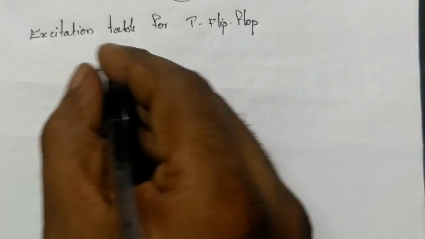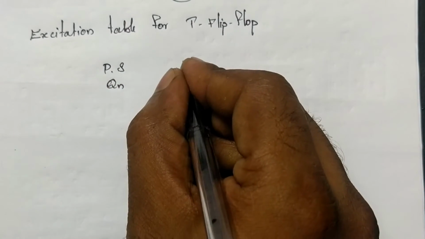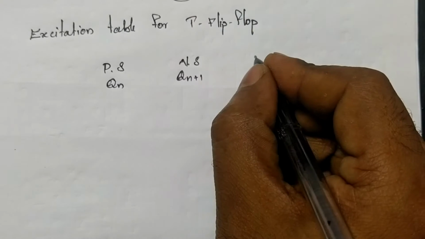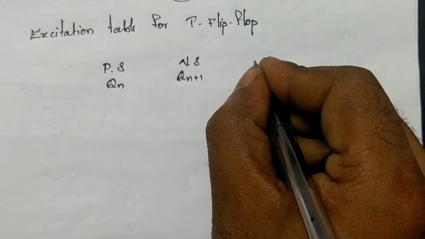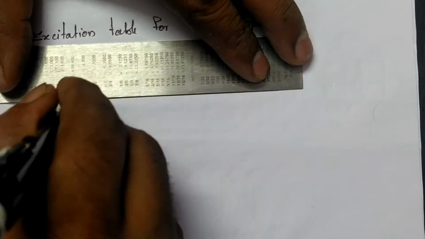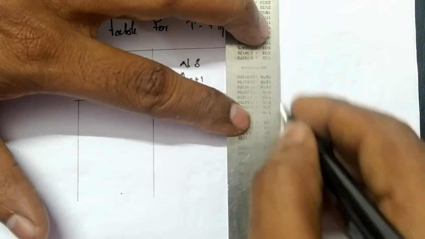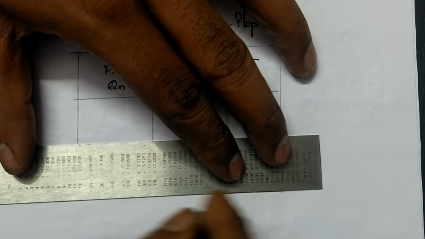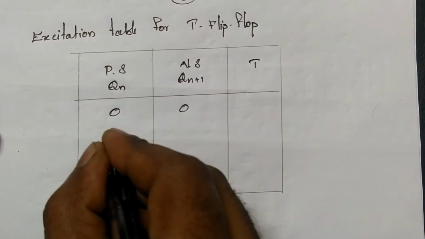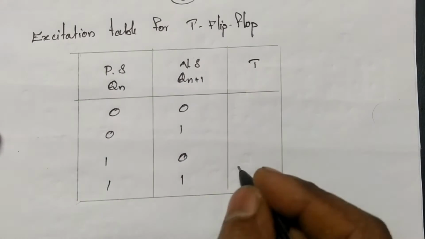So in the excitation table, first we will have the present state Qn followed by next state Qn plus 1. Here it's T flip-flop. Therefore, the flip-flop input T. Here the possible states are 0, 0, 0, 1, 1, 0, 1, 1.